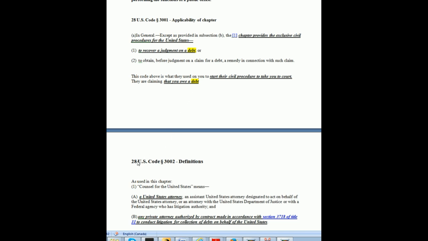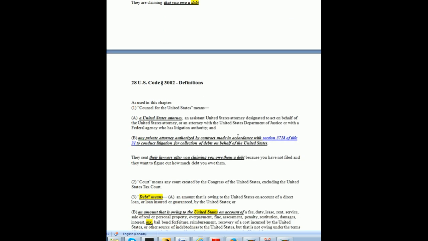When we jump into U.S. Code 28, Section 3002, definitions, it's going to define for us what a debt means and what United States means in this context. So they come after you, and it's a lawyer who comes to serve you and says that you owe a debt to the IRS.